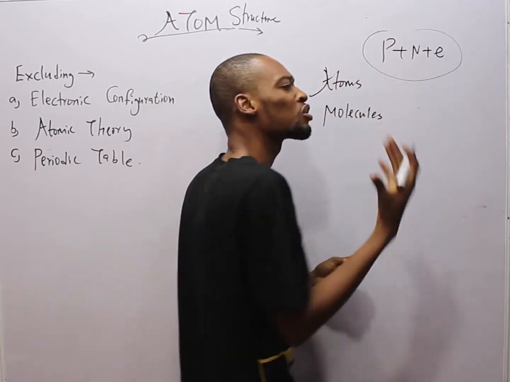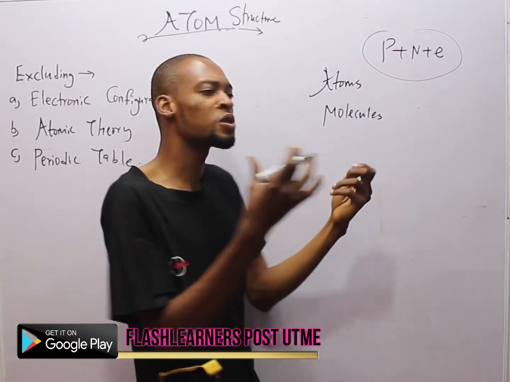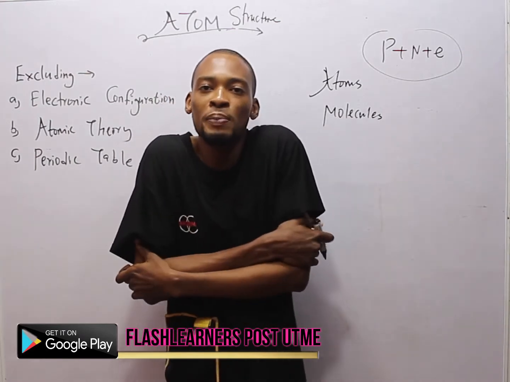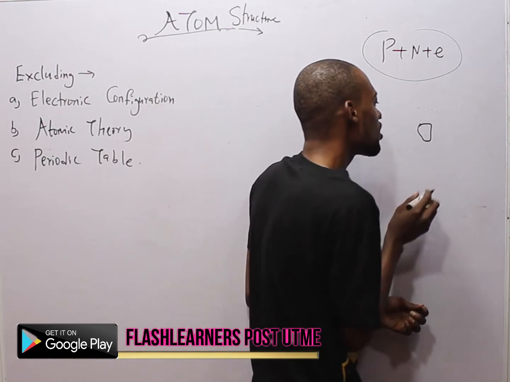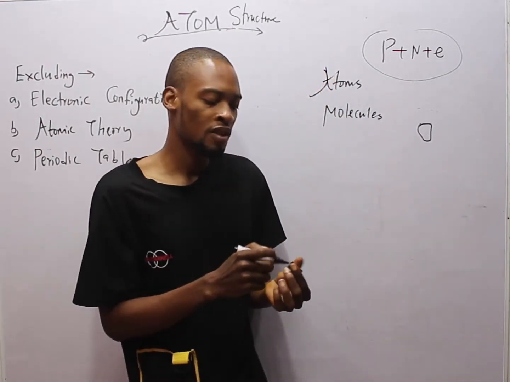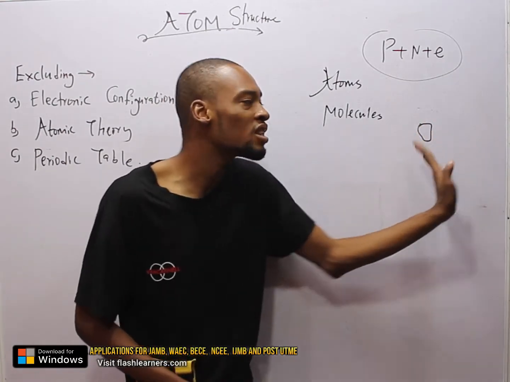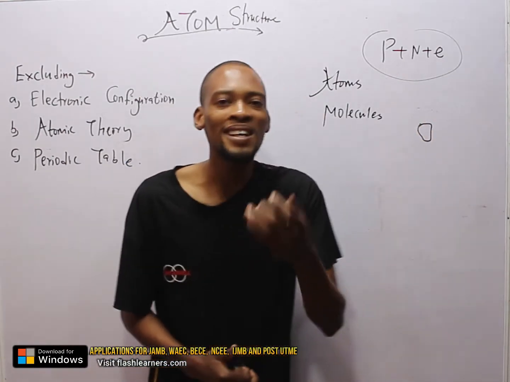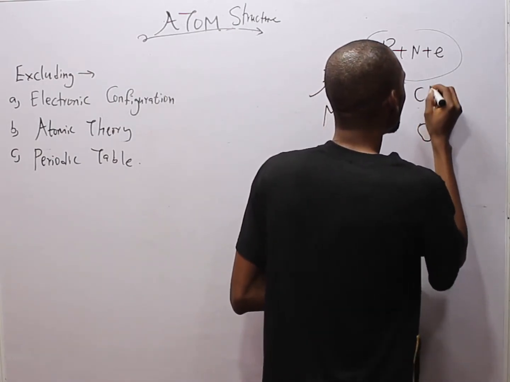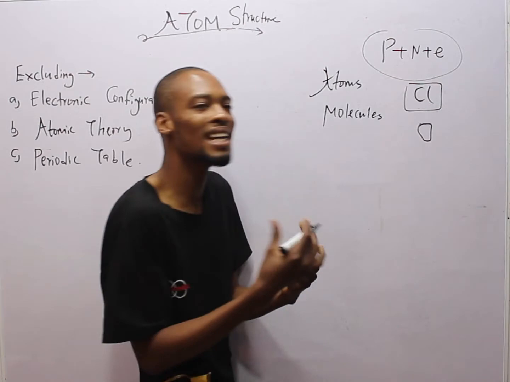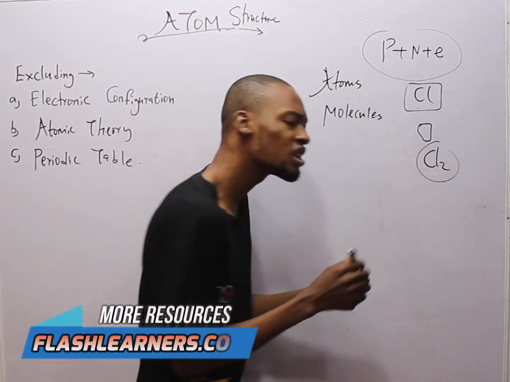Molecule is the smallest part of a substance that is capable of independent existence. Once you have this substance, the smallest part of it that can exist on its own and still retain the properties, the color and everything of the substance is referred to as a molecule. Now, this is chlorine atom. Elements are atoms. But by the time you have Cl2, it becomes chlorine molecule.